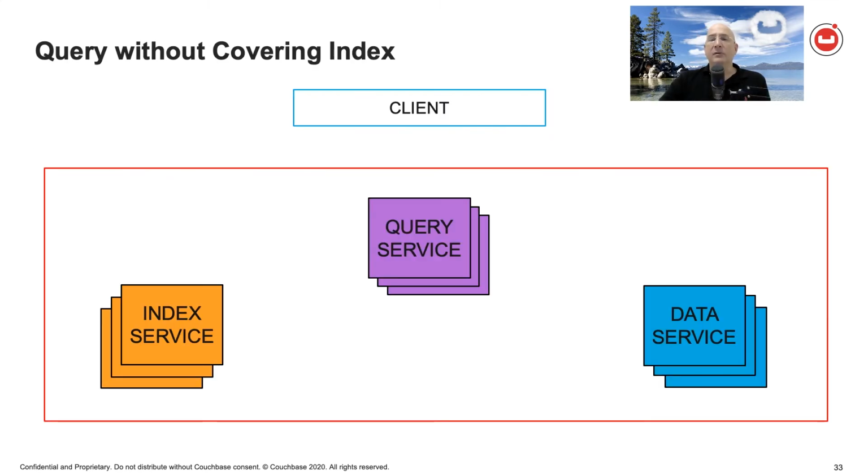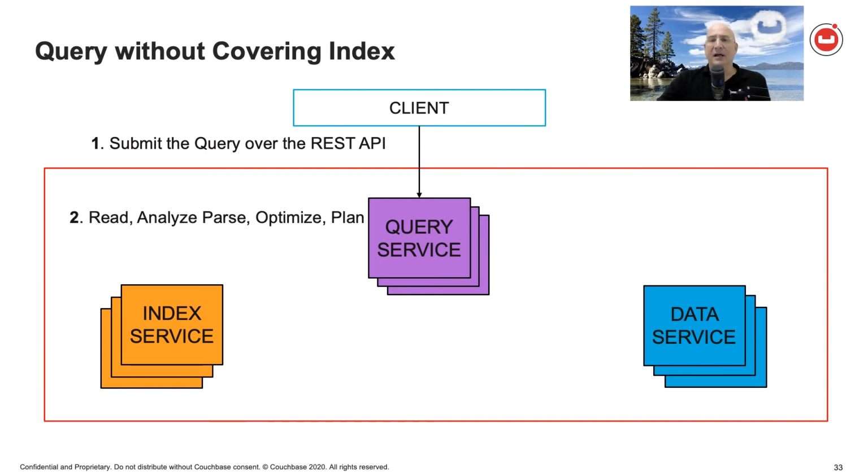To understand how a covering index can boost the performance of your queries, we first need to understand how Couchbase executes a query without a covering index. So the client submits a query to the query service. The query service reads, analyzes, parses, and optimizes the query and creates an execution plan. Then it executes the execution plan, which tells it which index to use.